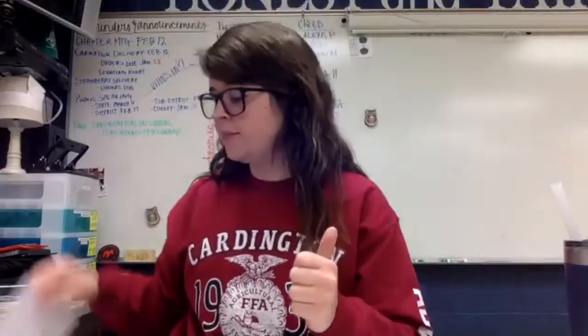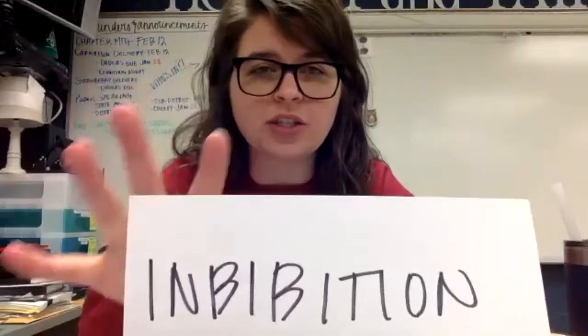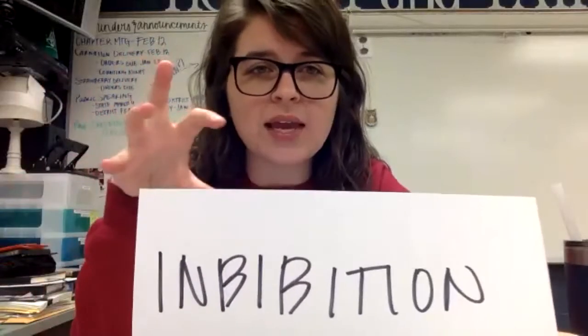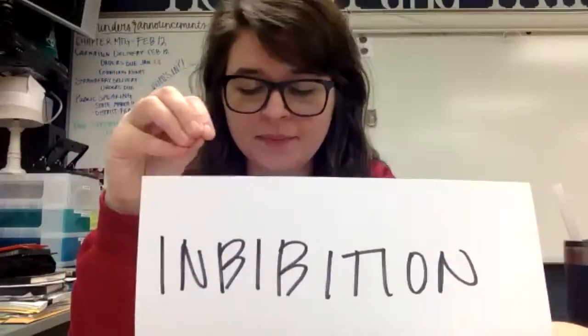Yeah. So the absorption of water into a plant is called imbibition. Okay. So that is basically just like when the seed is a little sponge and it's soaking in all that water. It's called imbibition.